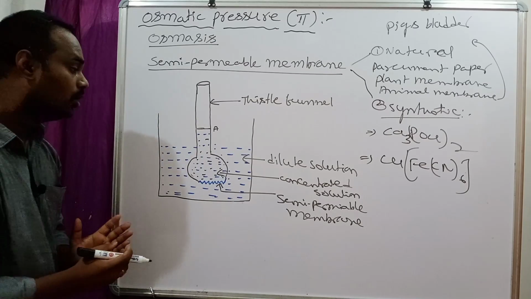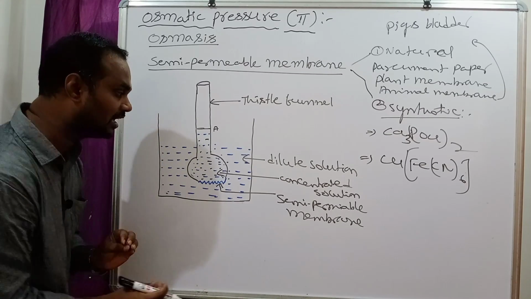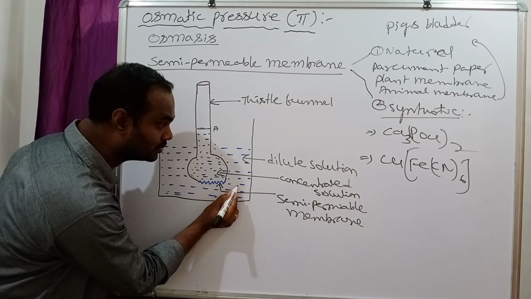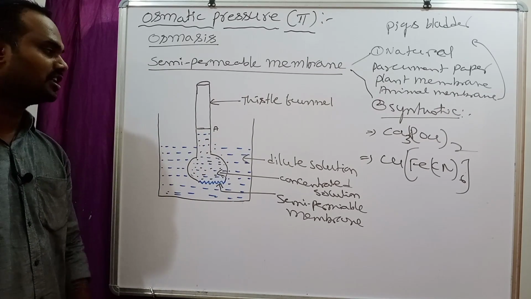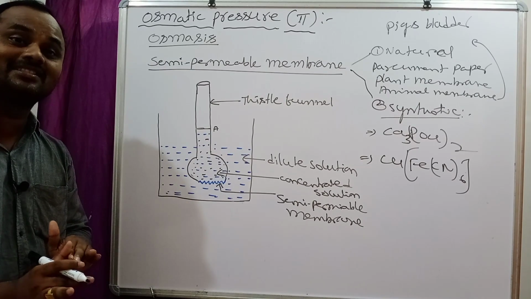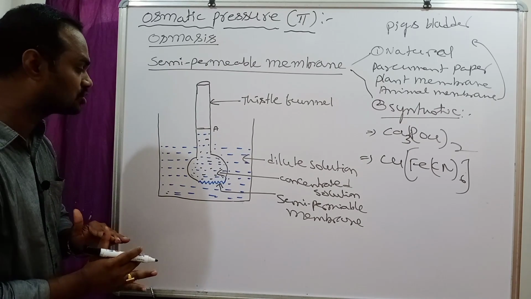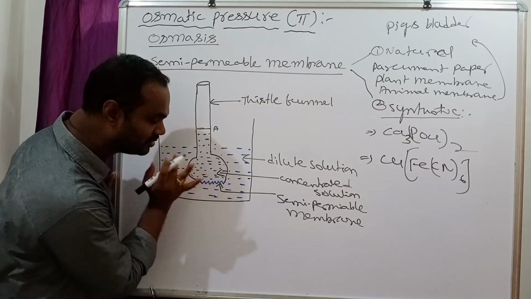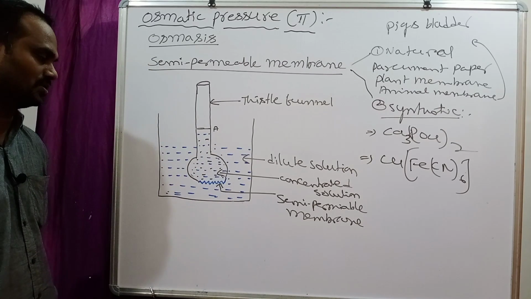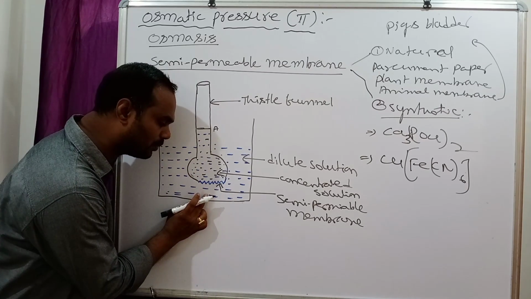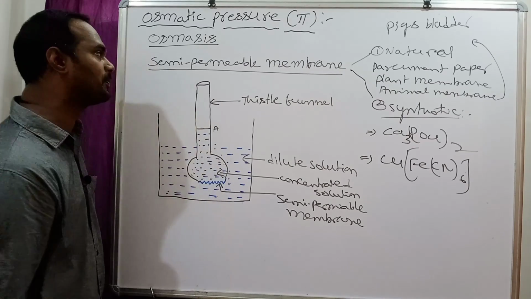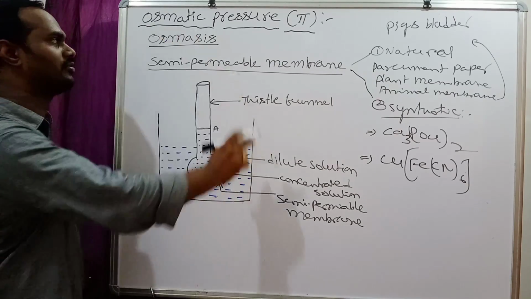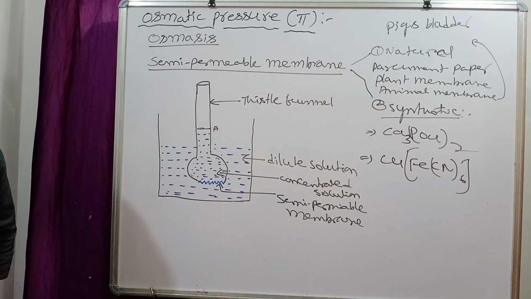It will start movement of solvent particles from dilute solution to concentrated solution. This phenomenon takes place till equilibrium is established between inside solution and outside solution. The movement of solvent particles from dilute solution to concentrated solution through a semi-permeable membrane we call osmosis.